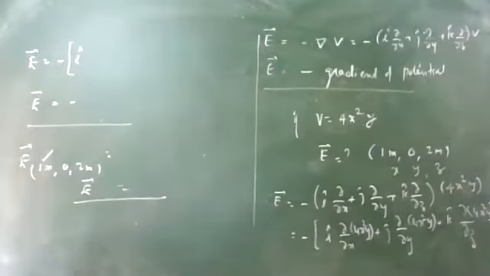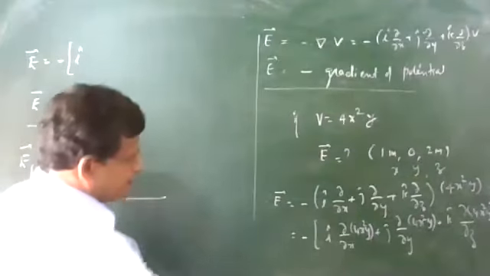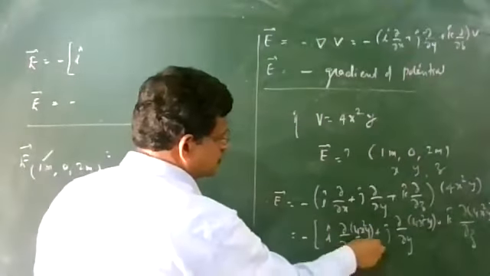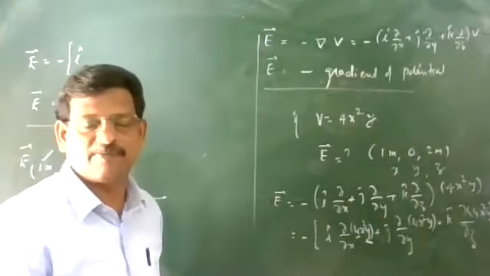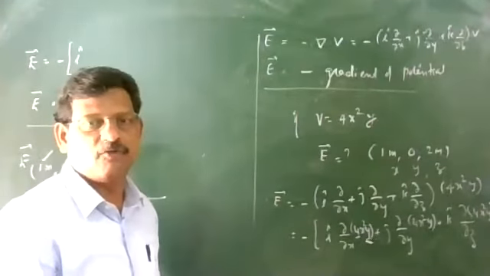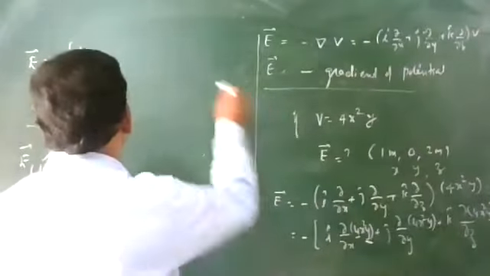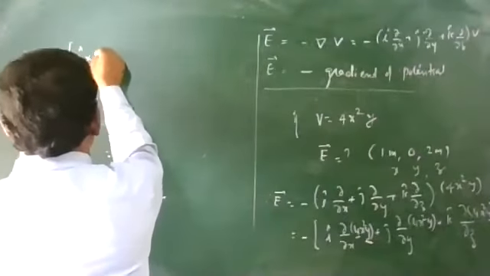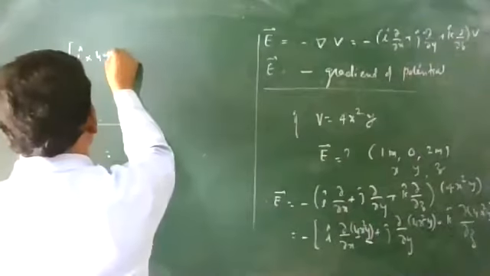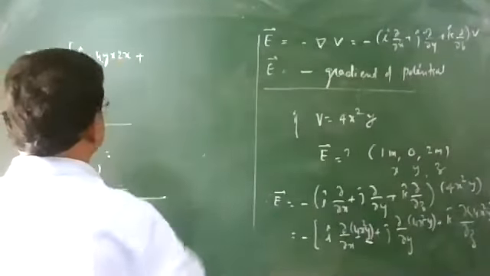What is the answer for that? d by dx of 4x square y: 4 is a constant, y is also a constant there. Except x, everything else is constant. So 4y is a constant, take the constant out, into 4y, then the derivative of x square, that is 2x. Completed.